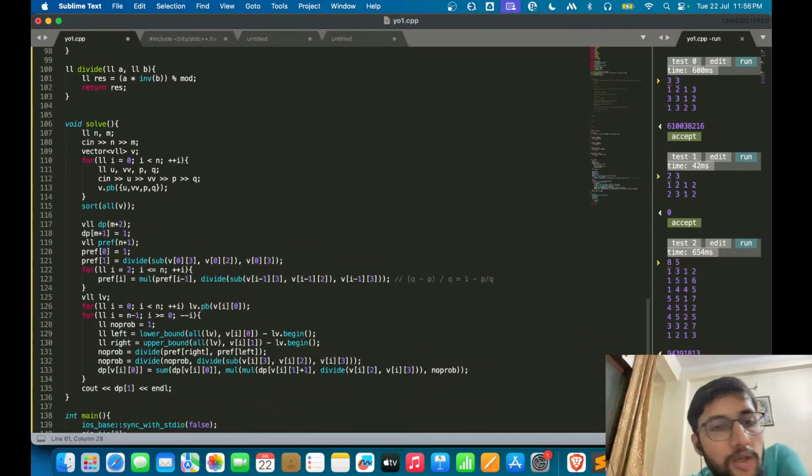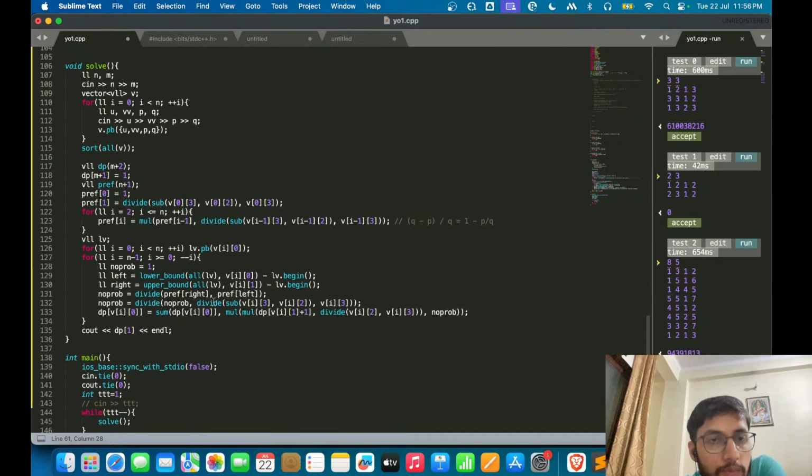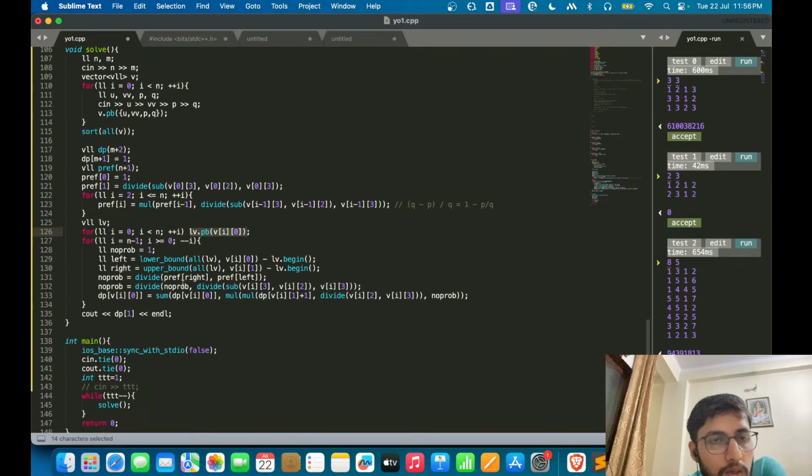So this is what I'm doing here. You can see I'm not doing left minus 1 again, because this is a zero indexed array, so left is already 0 indexed, so minus 1 is already done, and right is the upper bound, so right is already giving me plus 1.